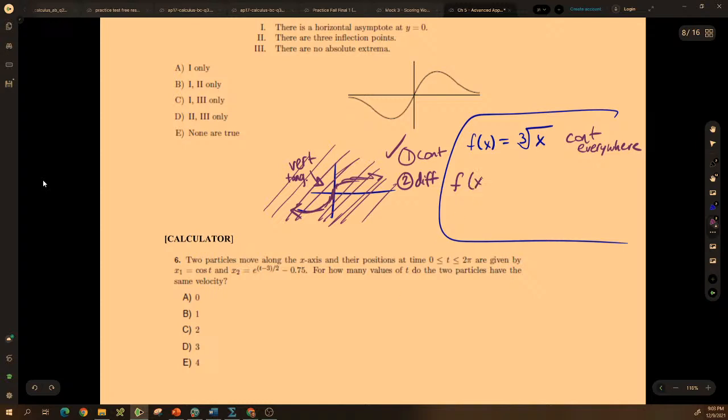We just take the derivative. Before I take the derivative, I'm going to rewrite this as x to the 1/3 power. Then I have f prime of x equals 1/3 x to the negative 2/3 power. This becomes 1 over 3 x to the 2/3, which is 1 over 3 times the cube root of x squared.